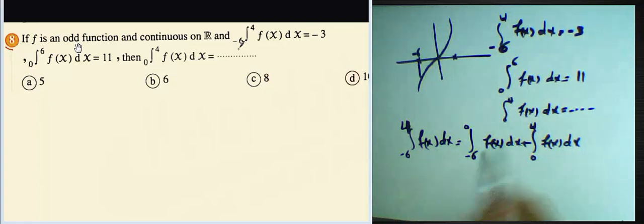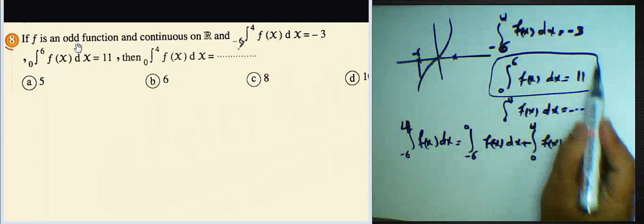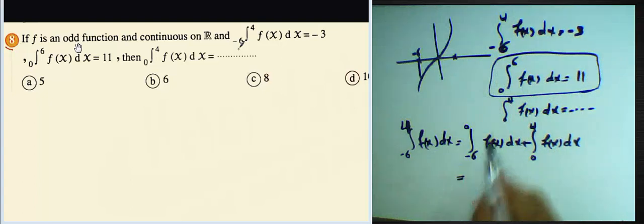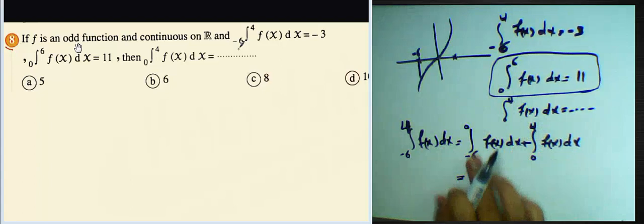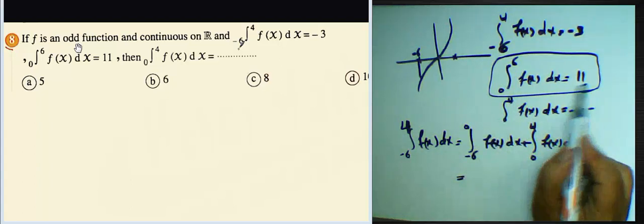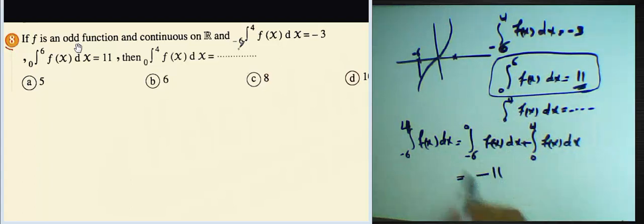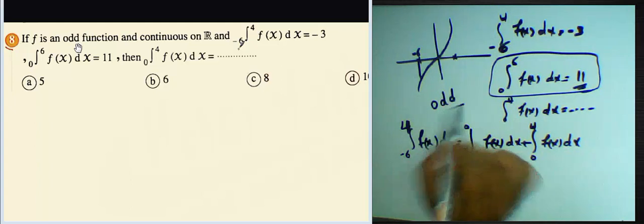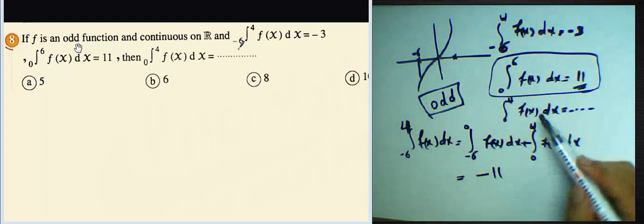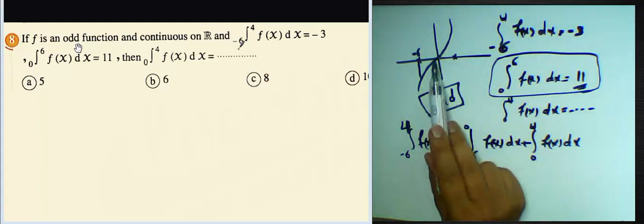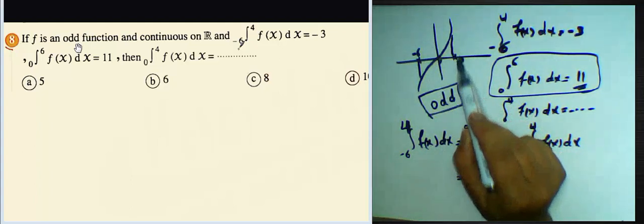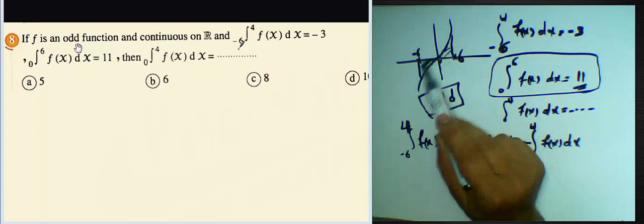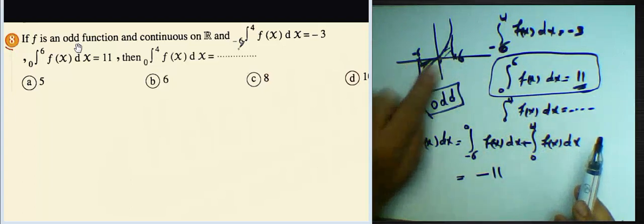He gives us this information, 11, but it is from 0 to 6, not from -6 to 0. It will be the inverse in sign, -11, because they give us the information that it is an odd function. An odd function means the integral from 0 to 6 is the inverse of the integral from -6 to 0.